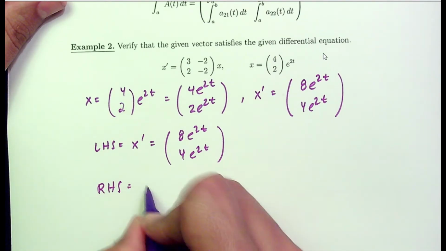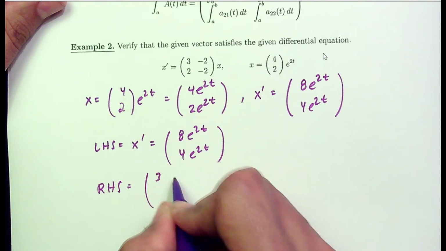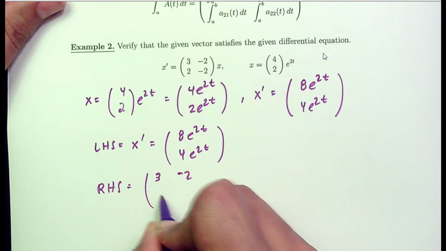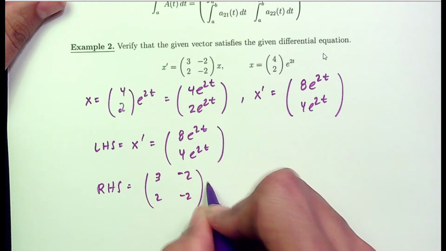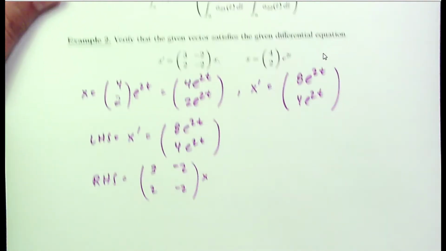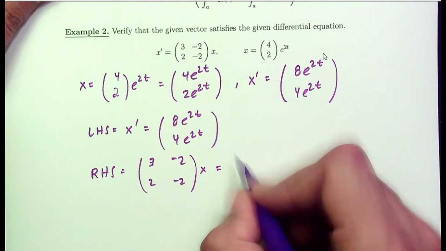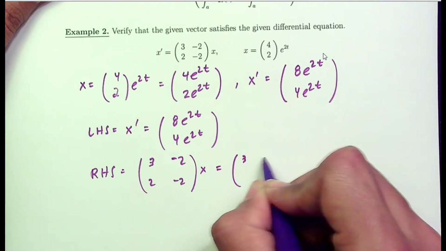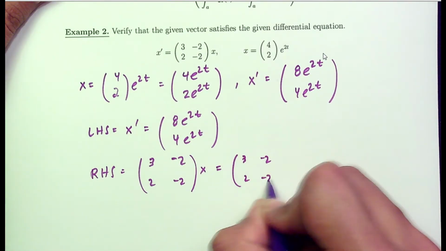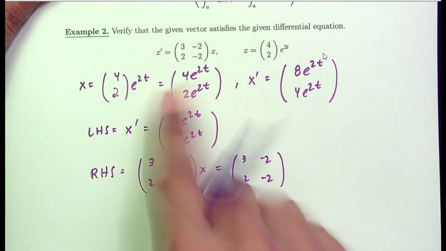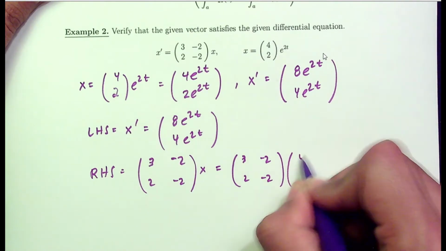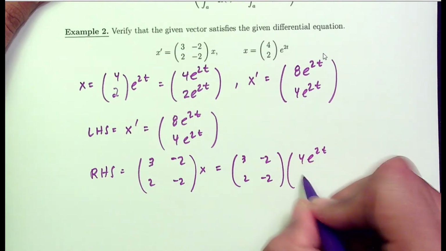The right-hand side is the matrix 3, negative 2, 2, negative 2 times x. So this is 3, negative 2, 2, negative 2, and then x is this: 4 e to the 2t, 2 e to the 2t.